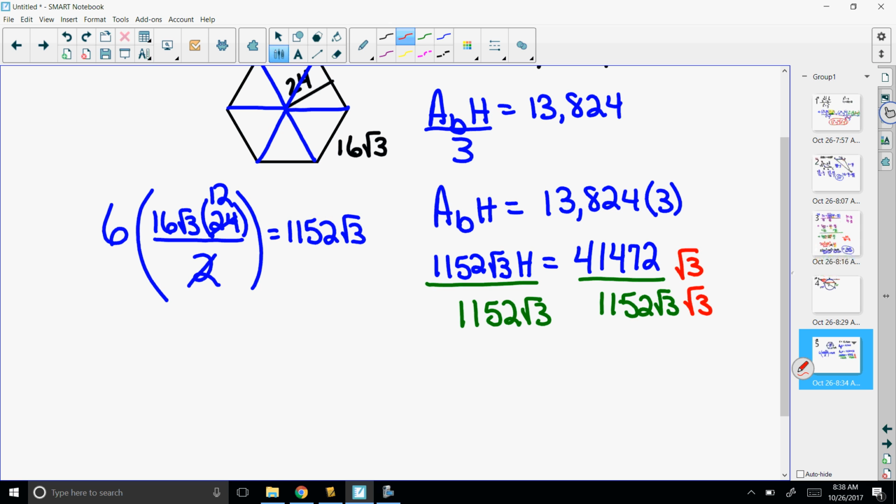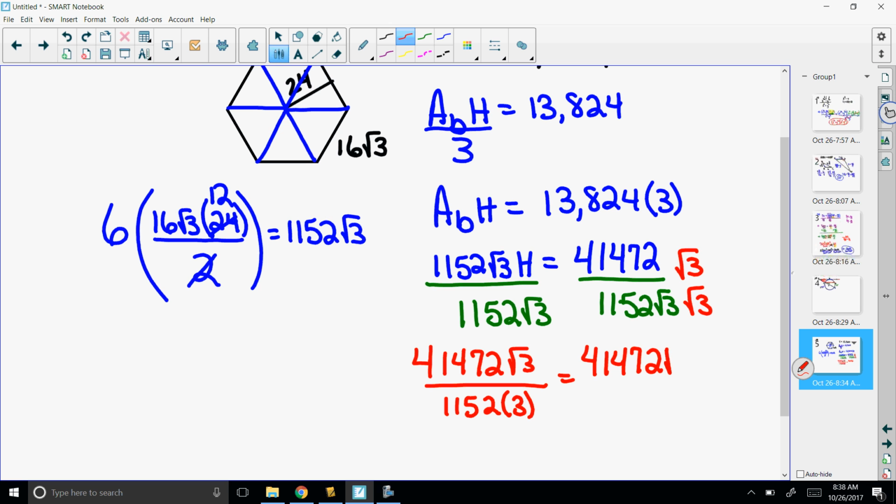So you get 41,472 over 1,152 radical 3, which becomes 41,472 radical 3 over 1,152 times 3, which is 3,456.